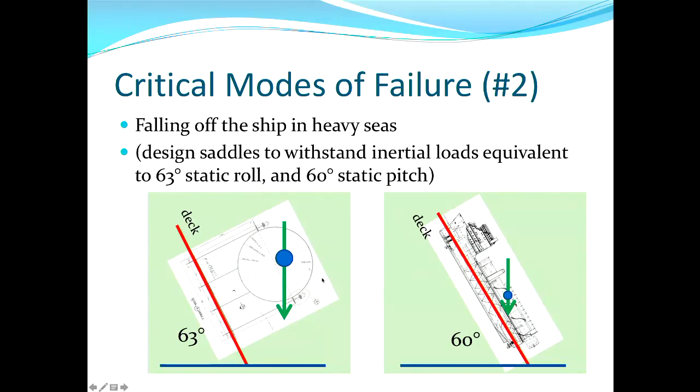Or a ship that's pitched 60 degrees forward, that's the static equivalent of the dynamic pitching into the waves that you have to cope with. And really, these impose forces between the saddles, these are called saddles, these cradle things, and the vessel. So that's what has to be designed for.